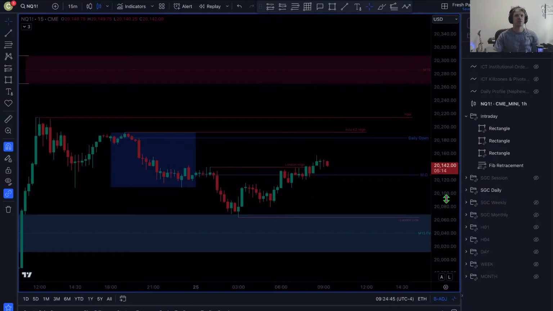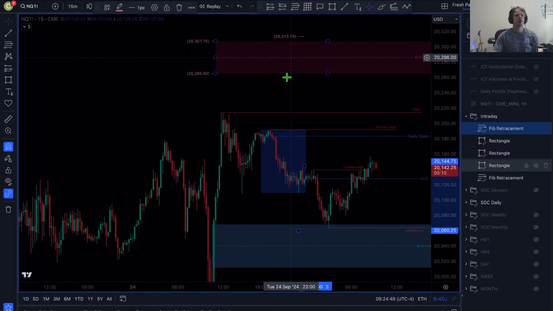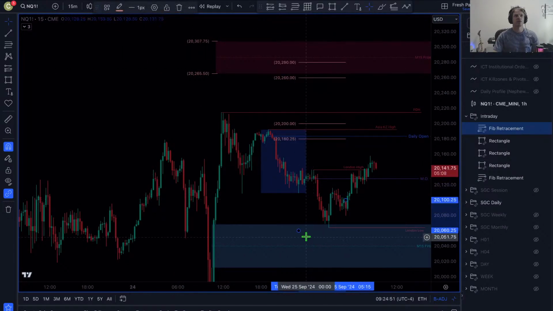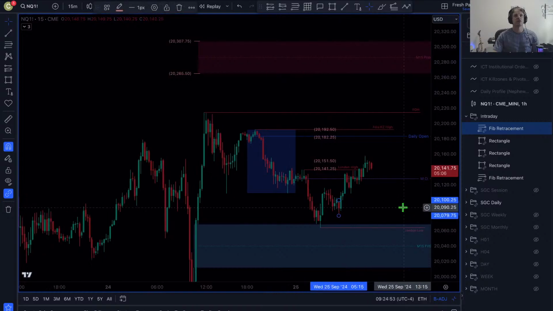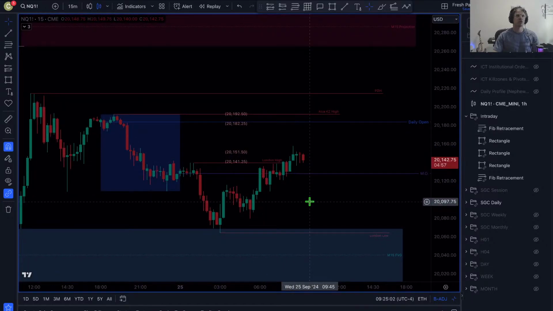So the next thing I want to check here is whether there's any manipulation block here that we could be following up. There's not the best. I would argue this could be considered. Notice that's sort of held that level so far, so it could be that we come back down for more.